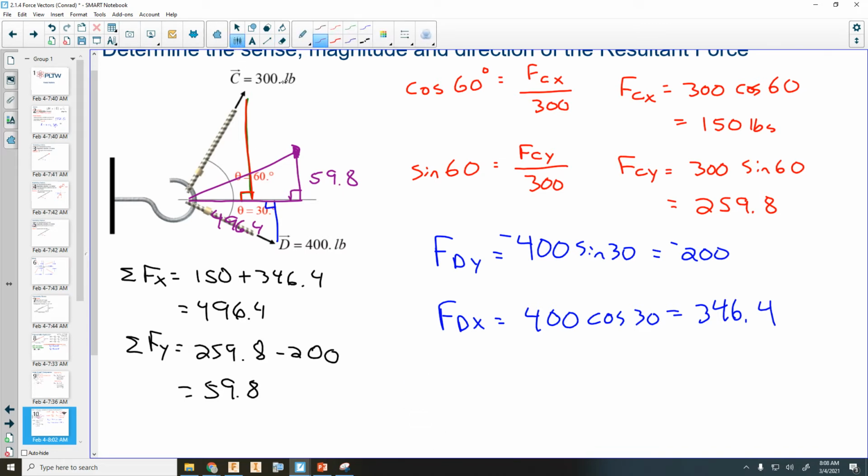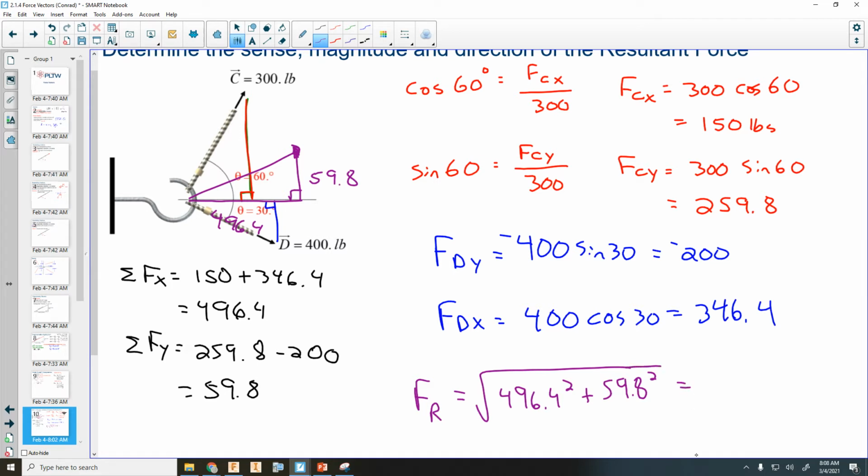So I'm just going to label this F subscript R for the resultant vector, which would be the square root of 496.4 squared plus 59.8 squared.